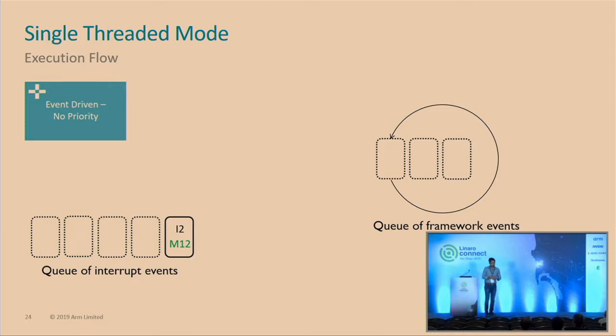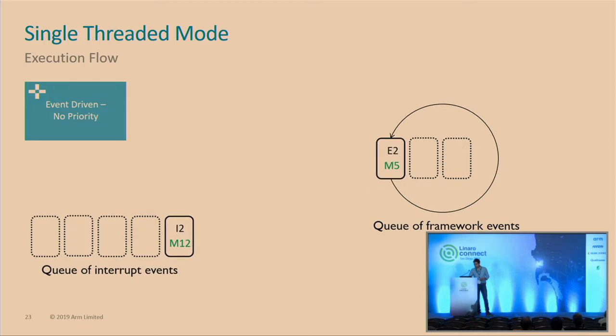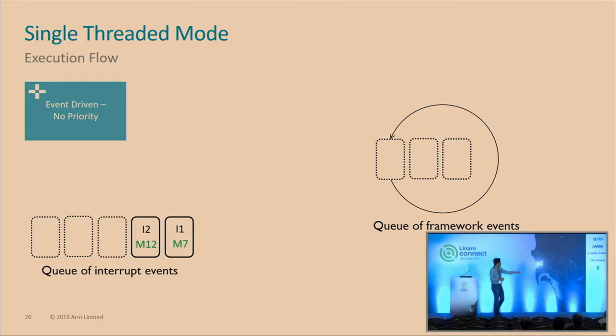Okay. So, okay, let's go back. Let's say initially we have something like this. Let's say this, right? So over here, I1 and I2 are 2 interrupts that occurred in order. I1 occurred first, I2 occurred next, right? So I1 is the bottom half of the first interrupt. So that gets into your framework event, and that needs to be completed first before you move on to the next interrupt processing.